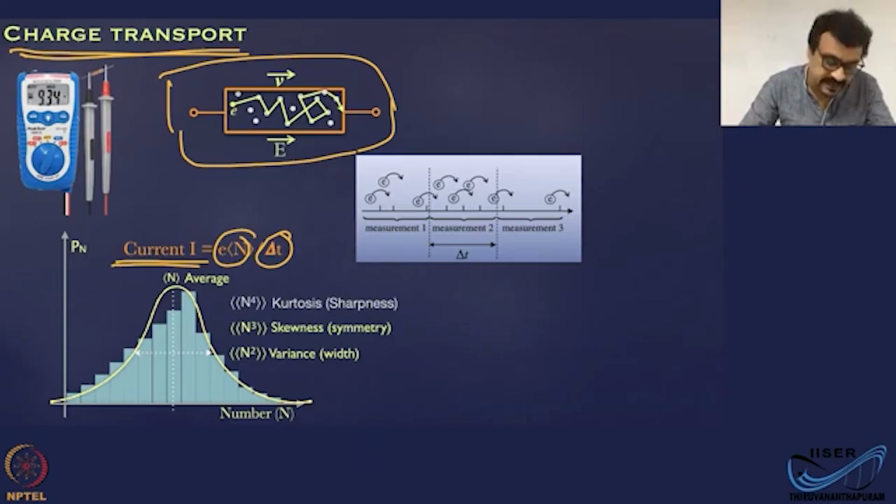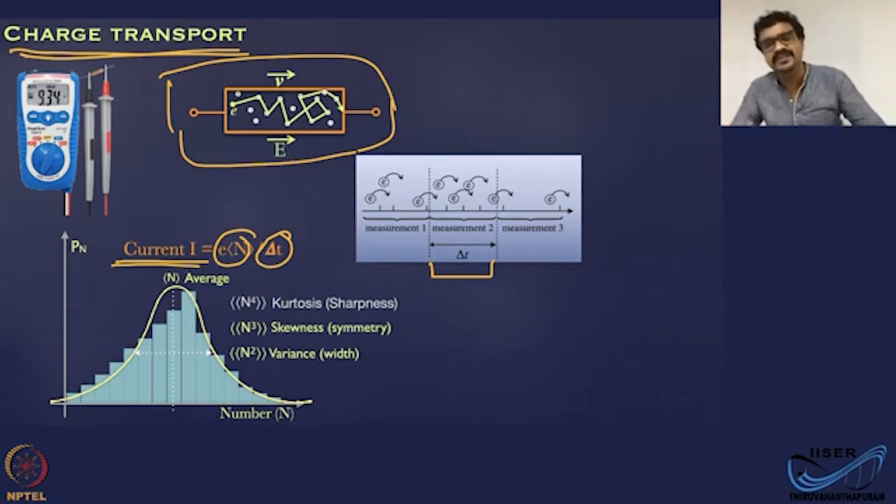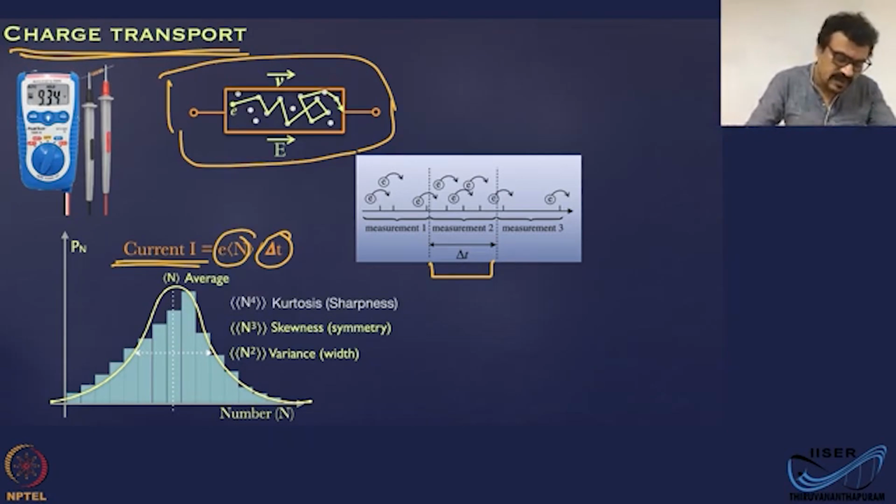So what you are saying here is, at every time interval delta t, there are a certain number of electrons going through the system. At some point of time, it could be, say, 100. Next moment, it could be 101. The next one could be 110, maybe next 99, 98. But on average, they are all around a certain number. Then there is an average number, that is n here.